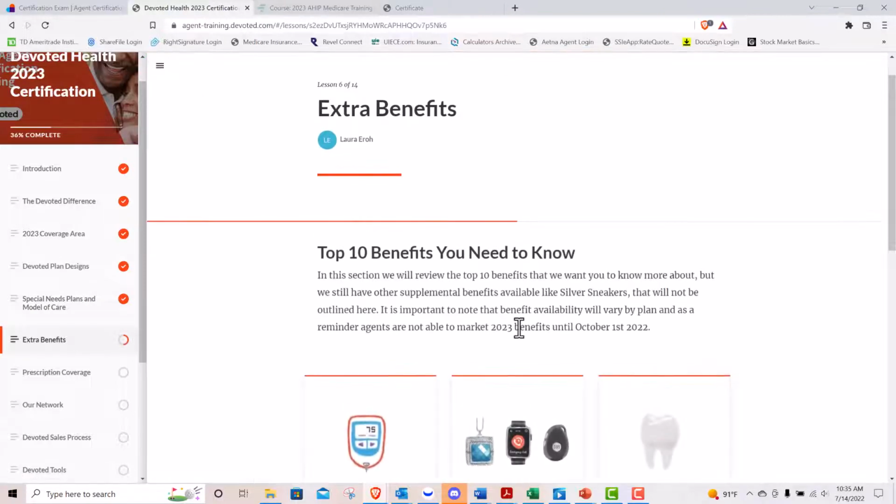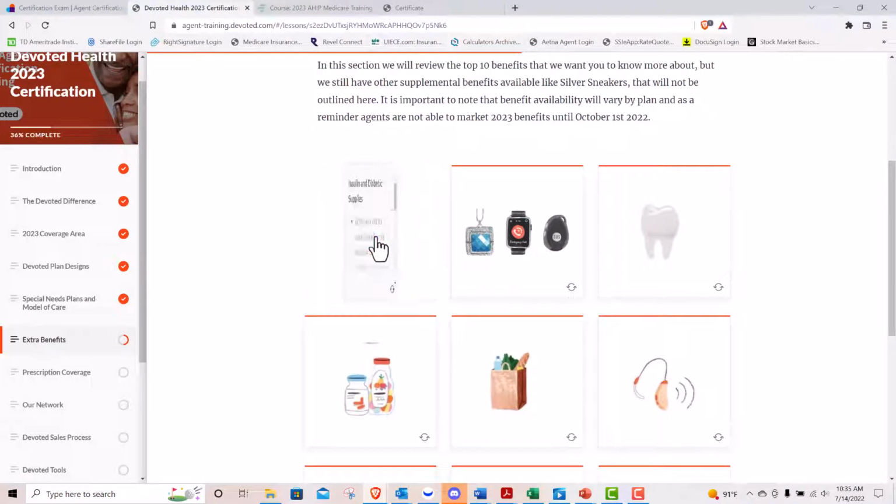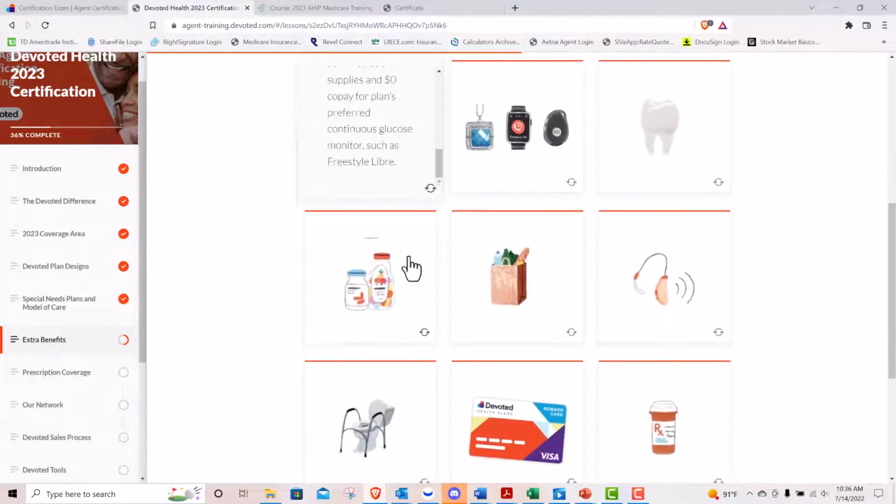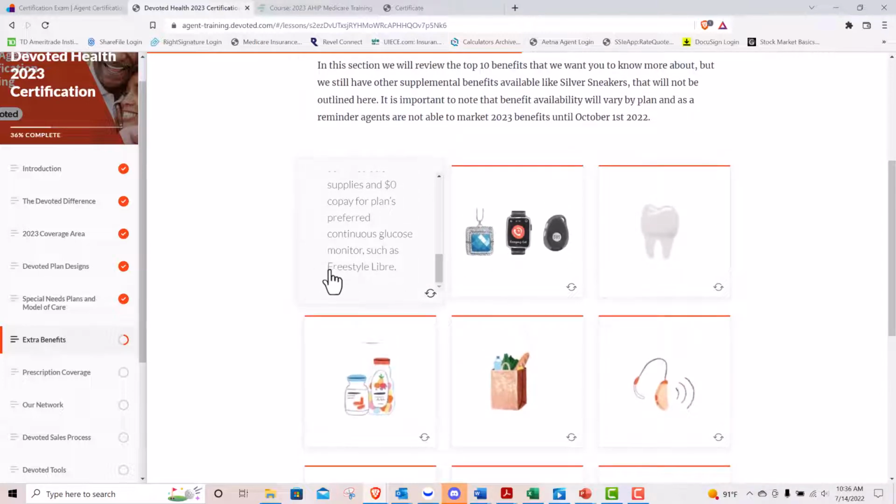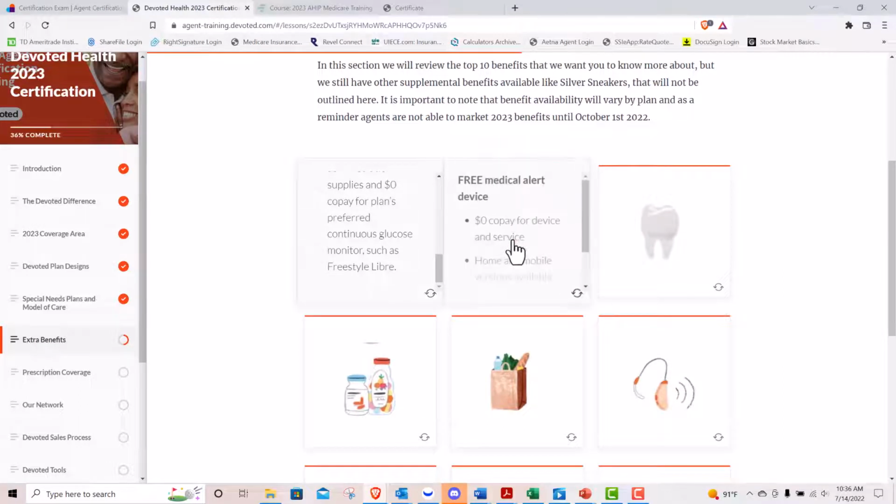Extra benefits. Alright, let's see what kind of extra stuff they got. Insulin and diabetic supplies. Of course, that's normal. They got the $35 insulin program. And it looks like they have Freestyle Libre as their preferred zero copay glucose monitor.